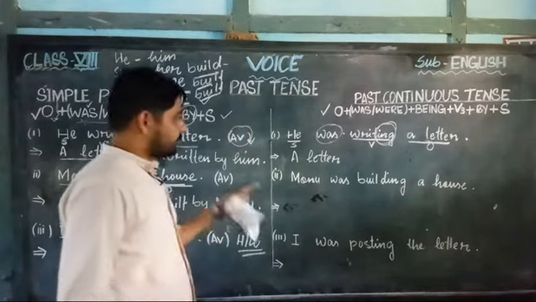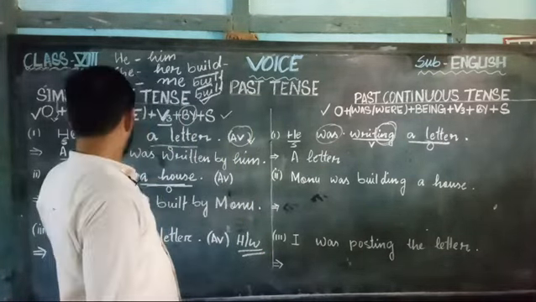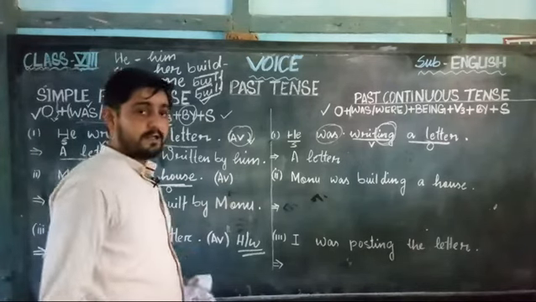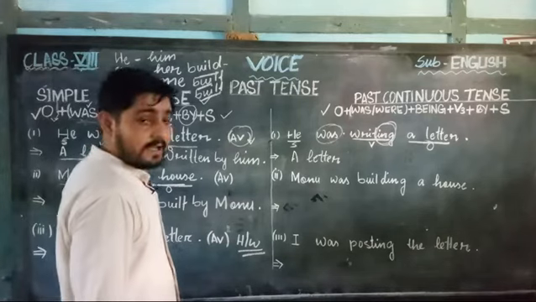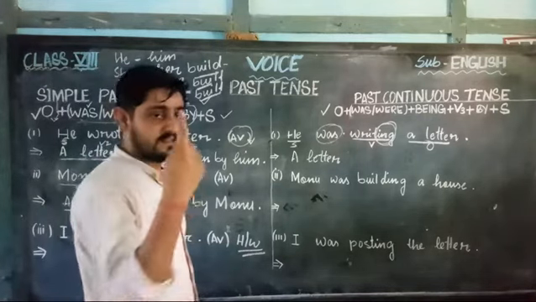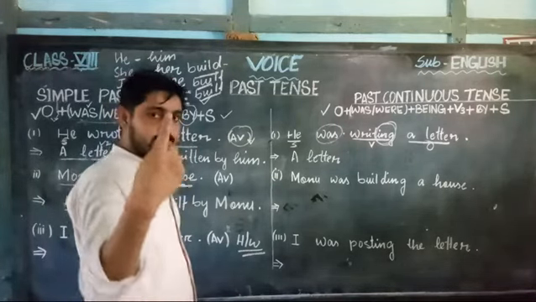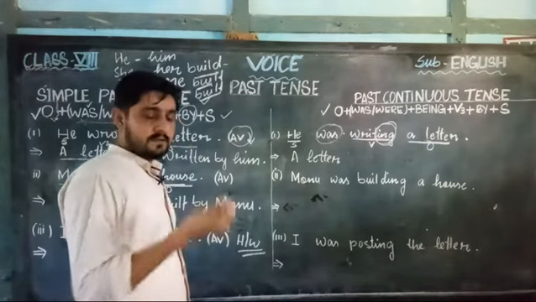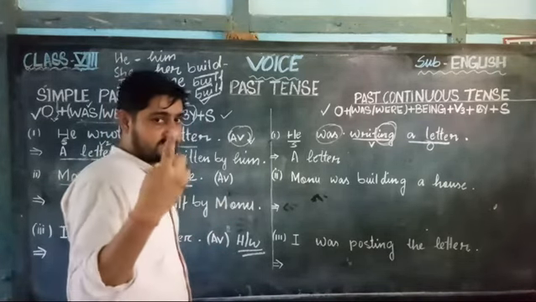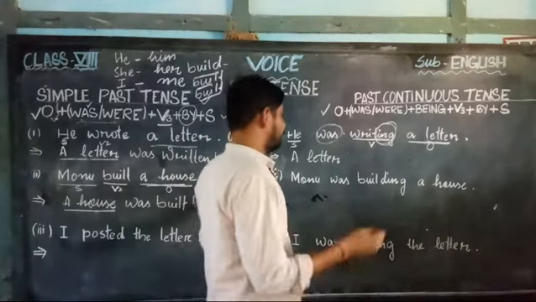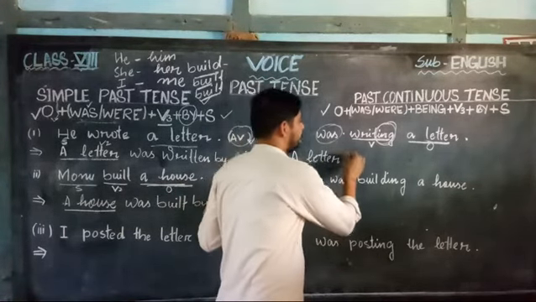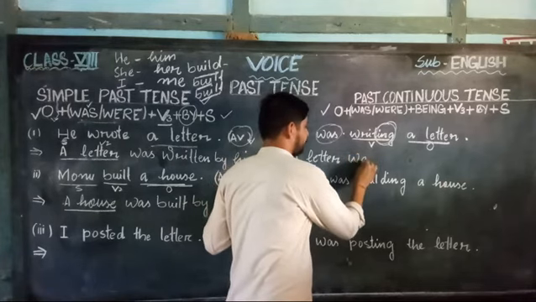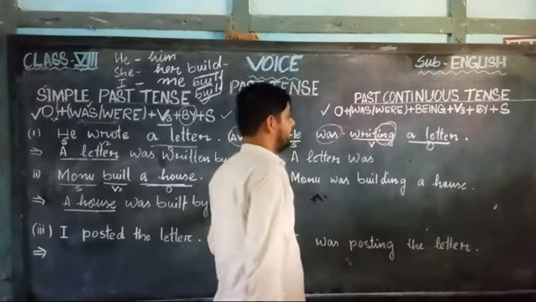A letter, is it singular or plural? Singular. You don't have any doubt because we have already done this. A letter is singular, means a single letter. Single means singular, and more than one comes in plural. So a letter is singular, so we will use was. A letter was.